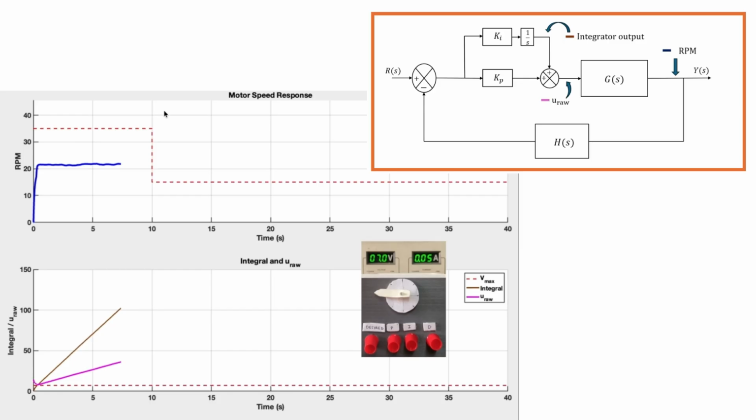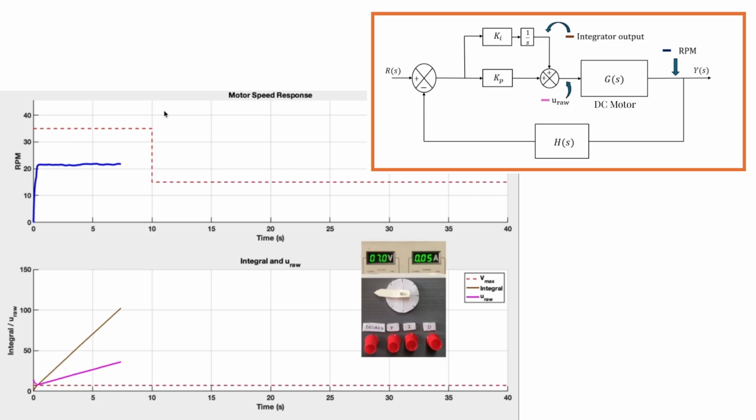Since the output of the I part is increasing, when it adds up with the P part, the actual output of the controller will also keep on increasing, and that is what you are seeing in this pink plot. However, remember, this output of the controller goes to the DC motor.